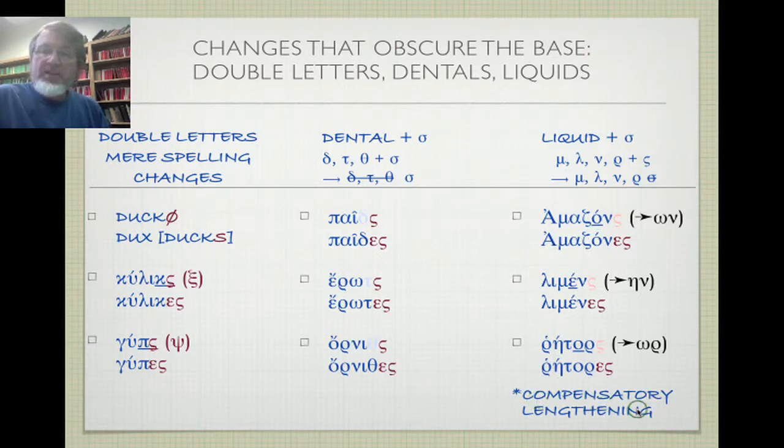That's called compensatory lengthening. The vowel was lengthened to compensate for the loss of the second consonant, the sigma. And that's why you have this change from the base, from on to ōn, and from or to ōr.